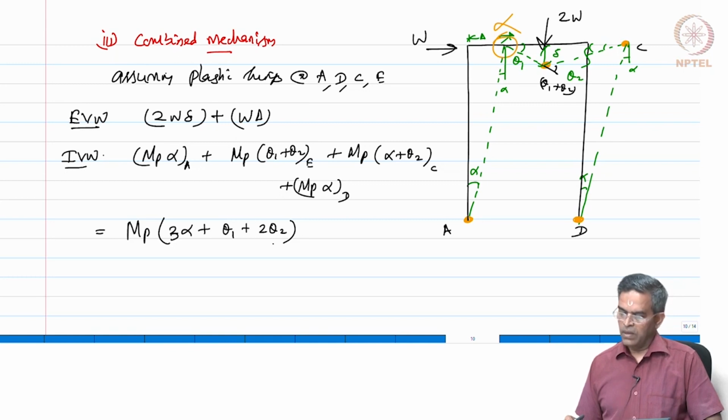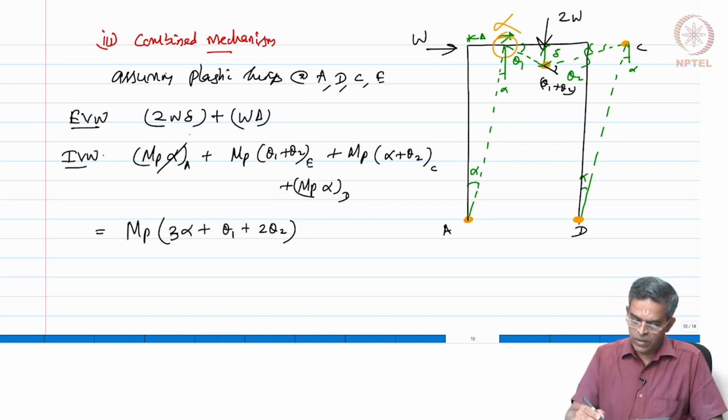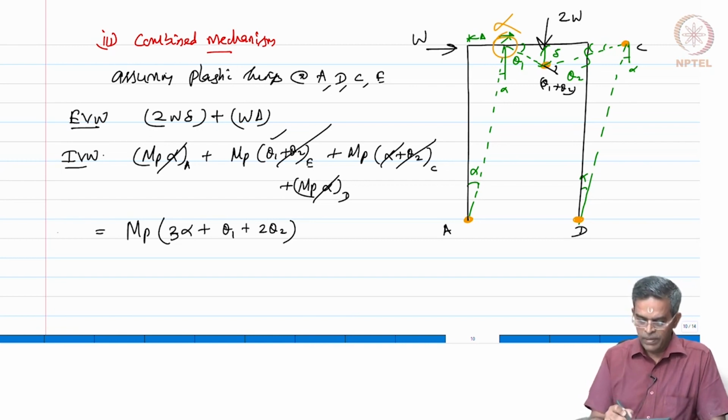Okay. 3 alpha, 1 here and 1 here, theta 1 is here, theta 2 is here and here. Okay. The internal virtual work.